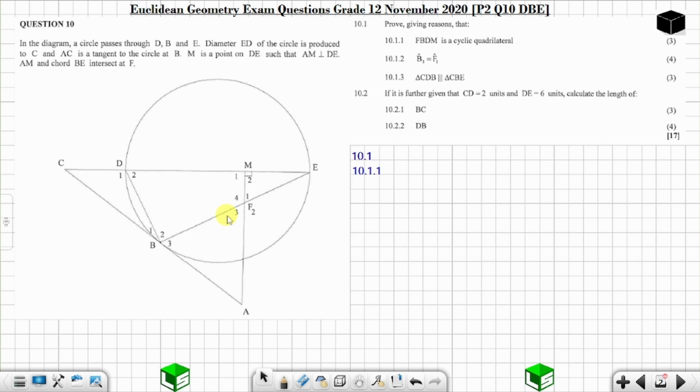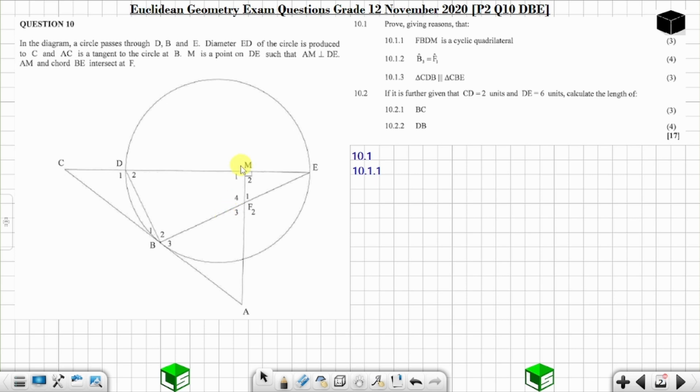The first one is to use the fact that an exterior angle is equal to the interior opposite angle.